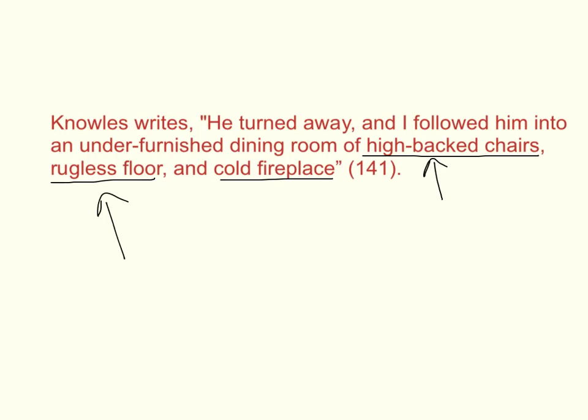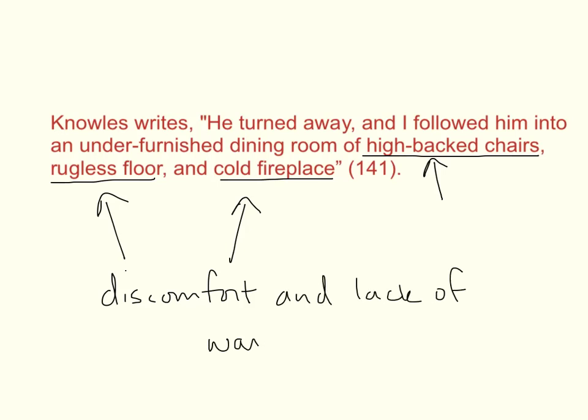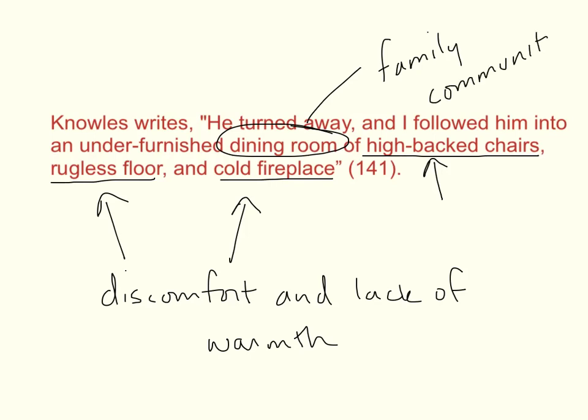We have a rugless floor and a cold fireplace, both of which create a sense of discomfort and lack of warmth. What's interesting is that because this is a dining room, that seems contradictory to what a dining room should normally offer, which is a sense of family or community. So now we have to put all of these pieces together by reasoning about how this setting connects to our claim.